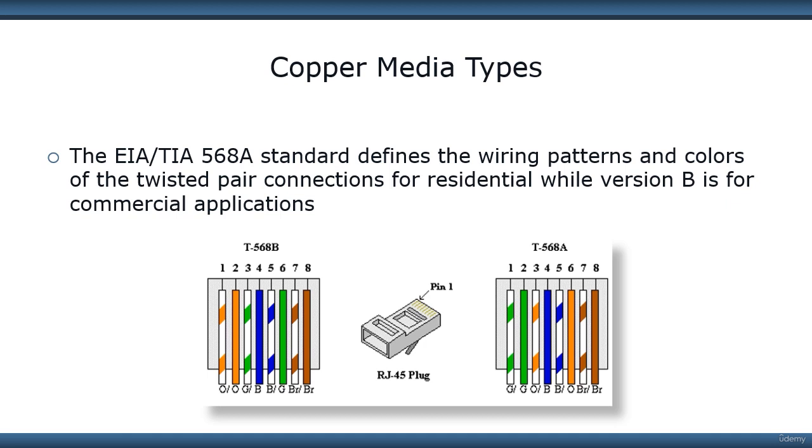Basically, if you're going to use 568A on one end, you need to use 568A on the other end as well. If you cross the two, 568A on one side and 568B on the other side, that's actually called a crossover cable, and that can be required in some instances, but more modern networking equipment usually has the ability to do this translation on its own.